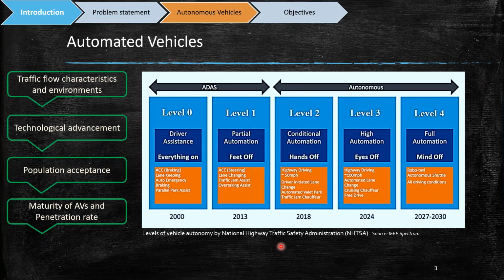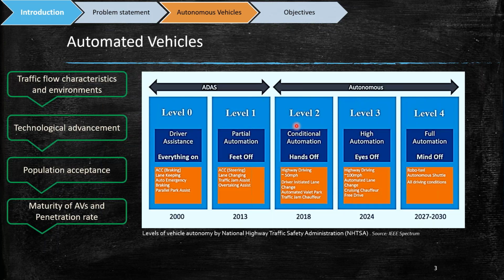Among the different levels of automated vehicles presented by NHTSA, the first one has rudimentary automated functions, and it was a long time ago that they went to this area. In level 1, we have some opportunity for traffic jam and overtaking assistant.